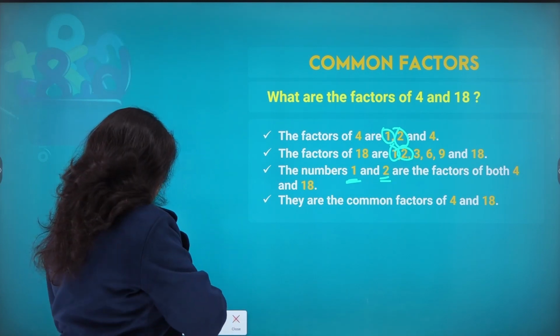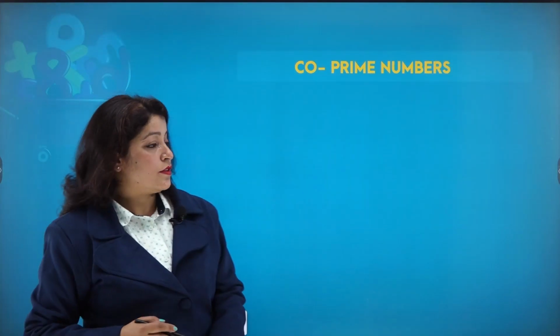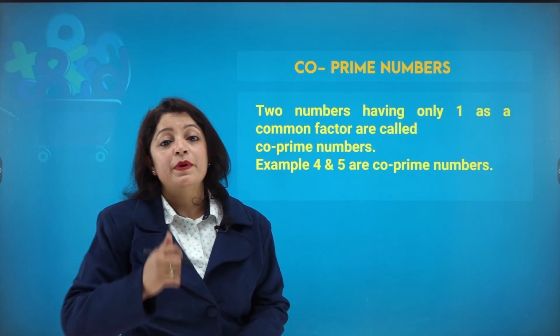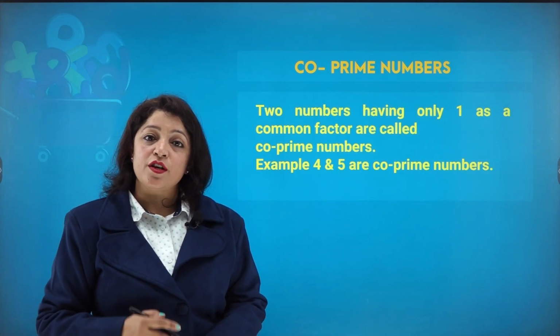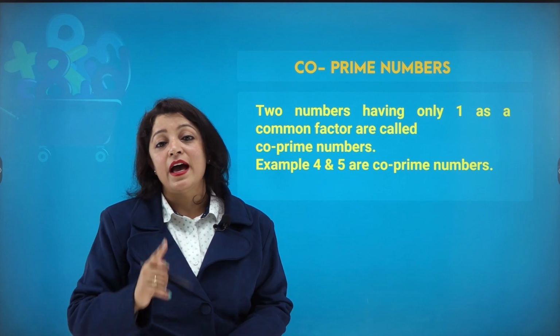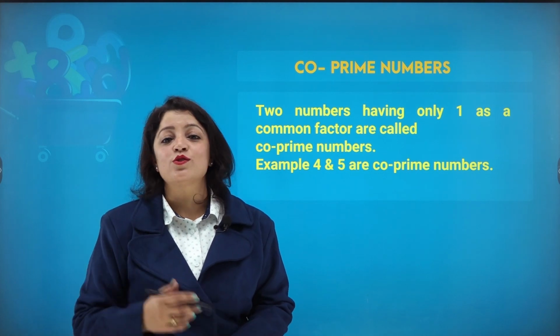Now, moving ahead with the next segment, what are co-prime numbers? After knowing about common factors, it becomes very easy to understand co-prime numbers, because co-prime numbers are 2 numbers which have only 1 as a common factor. They are called co-prime.